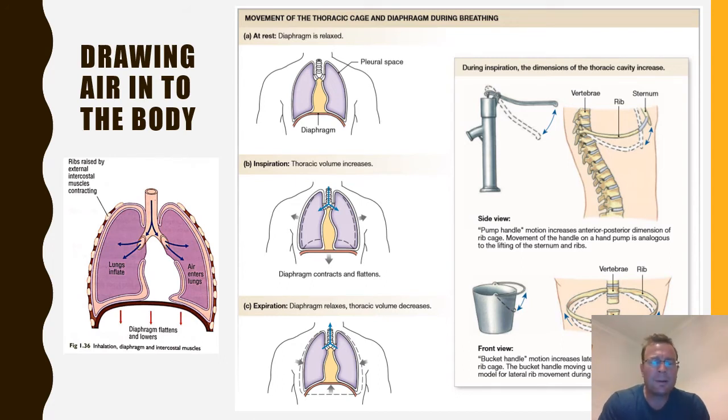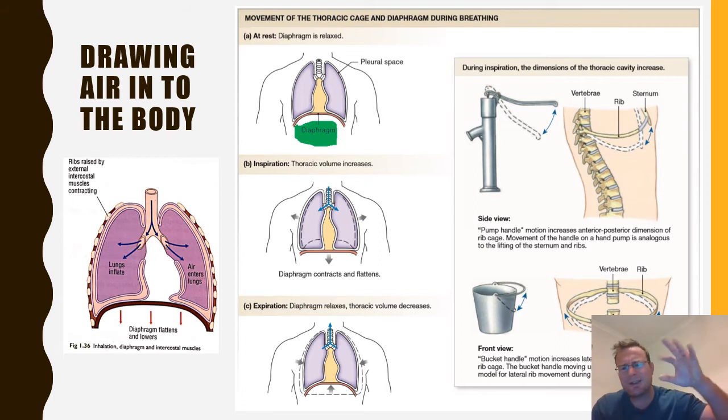So we have this big muscle underneath our lungs called the diaphragm. It's like a big dome-shaped muscle. So what you see in that picture is how that muscle domes upwards. It attaches to the bottom of the lungs. This is really a critical muscle for respiration.